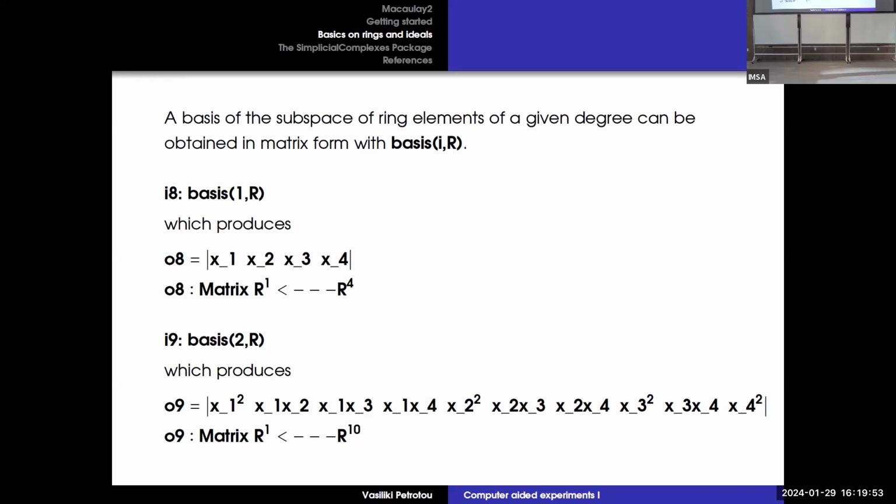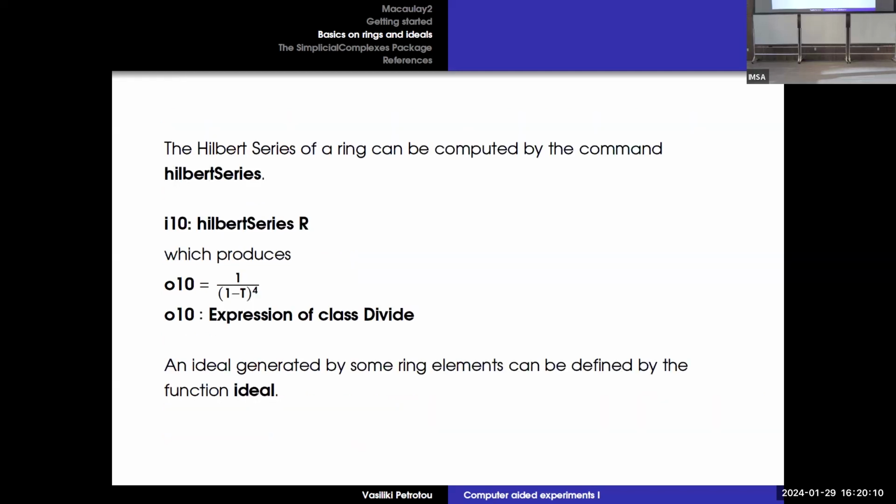So this produces this matrix, which has all monomials of degree 2 in the variables x1 up to x4, which is the right thing. Also, we can compute the Hilbert series of the ring by using the command hilbertSeries.